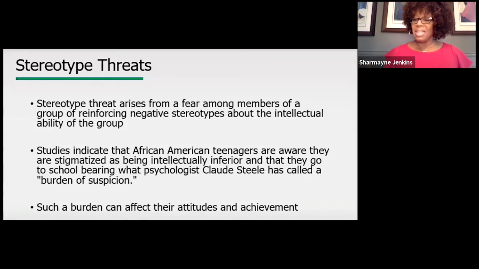And studies indicate that African-American teenagers are aware they are stigmatized as being intellectually inferior, and that they go to school bearing what psychologist Claude Steele has called a burden of suspicion. And that burden can really affect their attitudes and their achievements.